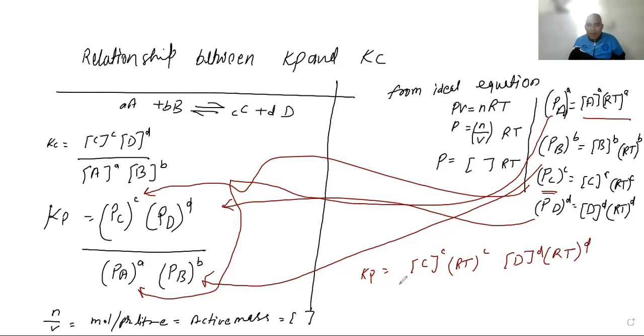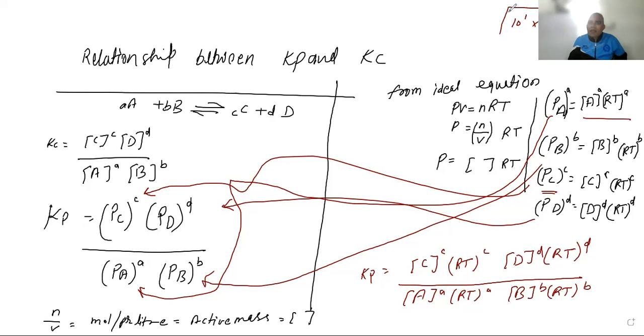And here, downside, it will be A to the power a and the whole raised to RT to the power a, then B to the power b and RT whole raised to b. So one thing you can do here: RT and RT are common, so the powers get added. Suppose I have 10 power 1 into 10 power 1, so the value is 10 power 2.